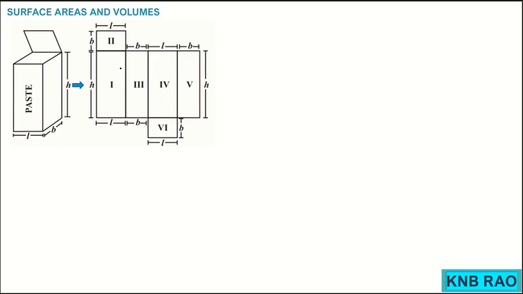How many surfaces are there in this net? You could see 1, 2, 3, 4, 5, 6. Six surfaces are there. Leaving top and bottom, we have got 4 lateral surfaces. 1, 3, 4 and 5 are lateral surfaces. The second and sixth are the top and bottom.